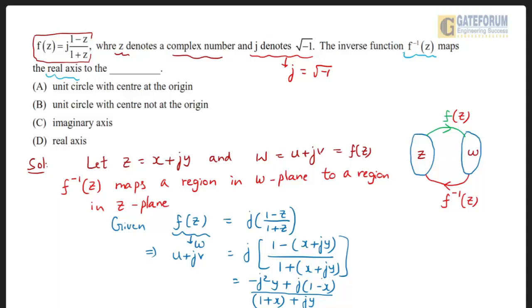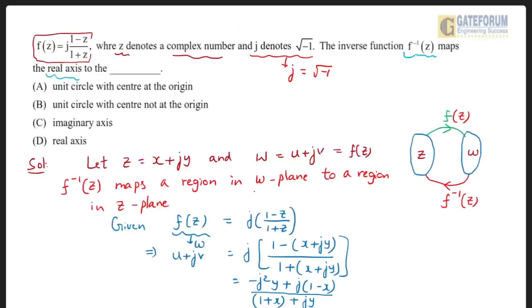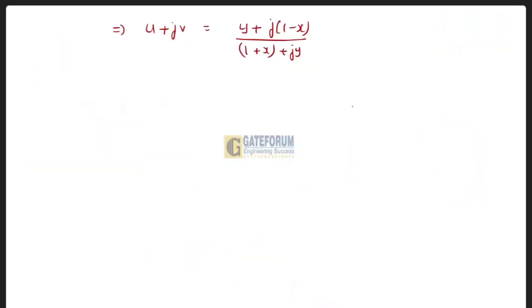So finally, u plus jv is the left side, and the right side is (y plus j times (1 minus x)) divided by (1 plus x plus jy). Am I correct or no? J square value is minus 1.